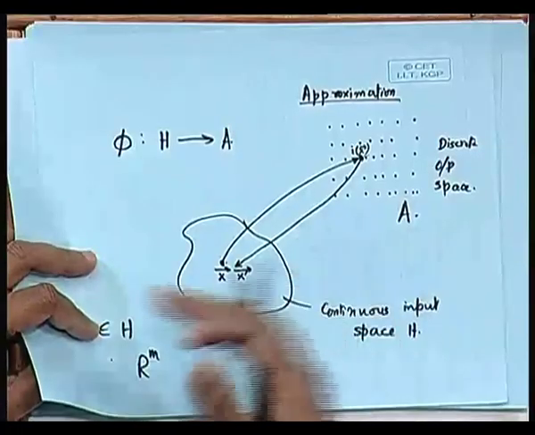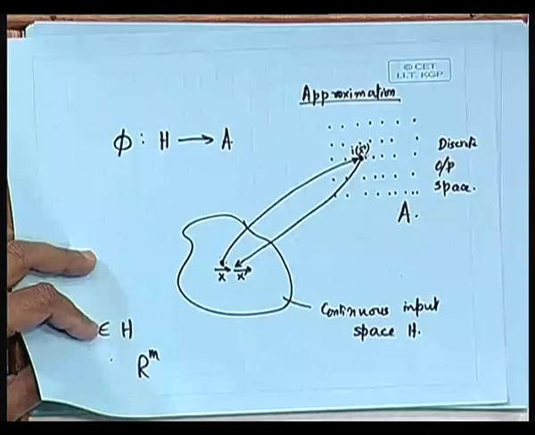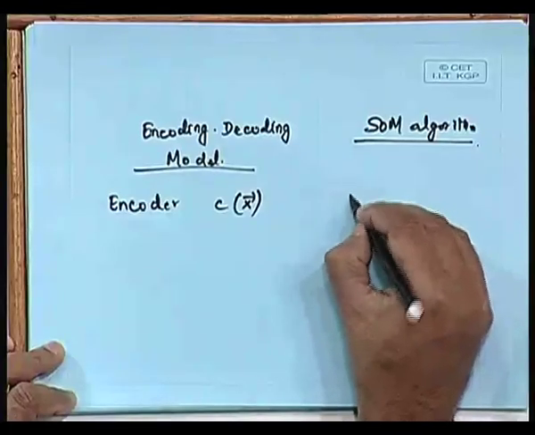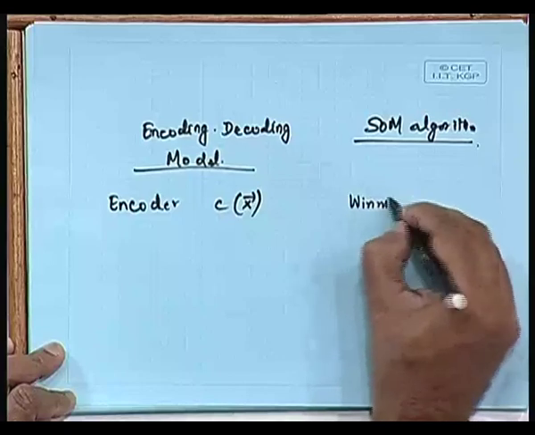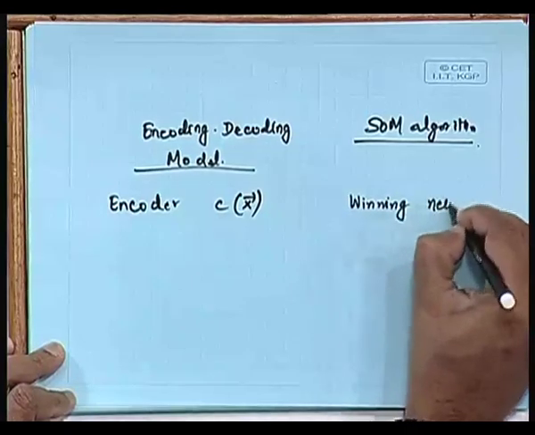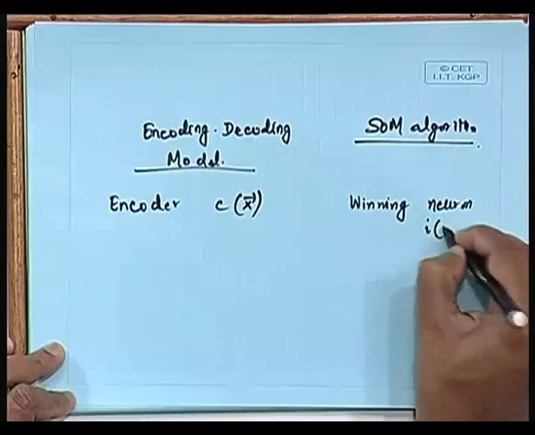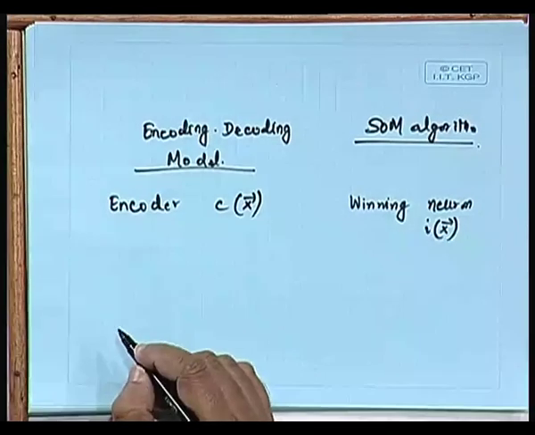You do not have to look at the equations, just go back to our concept of discrete space approximation. Yes, that is I(x). I(x) is the equivalent of the encoding process. So, encoder C(x) for the encoding decoding model is winning neuron I(x) for the self organizing map.